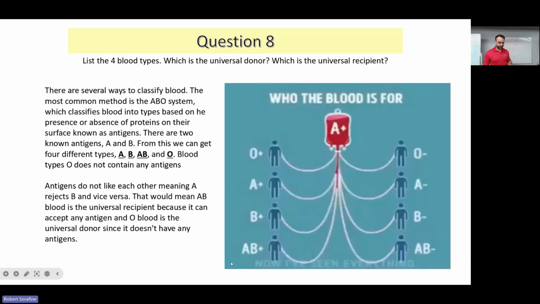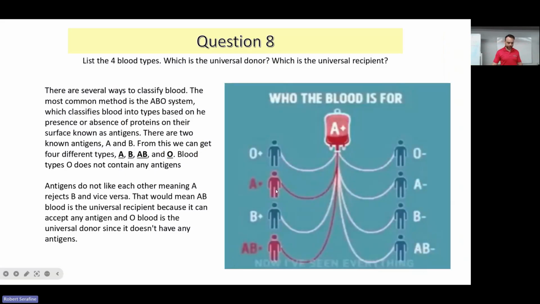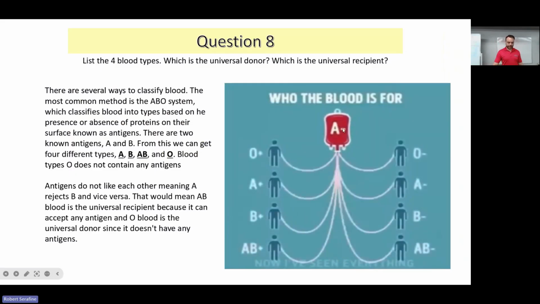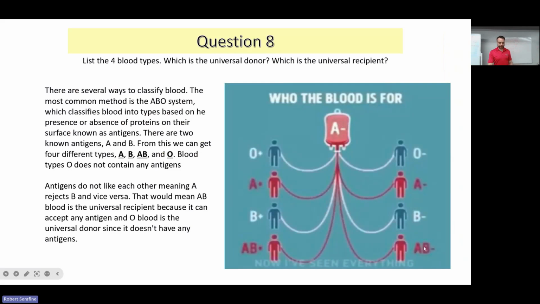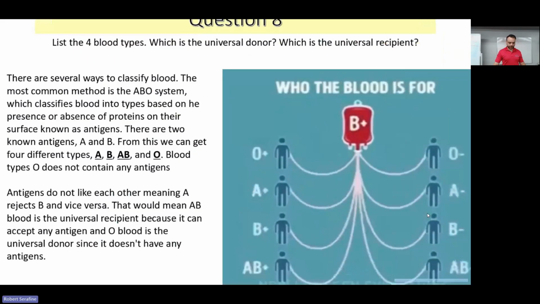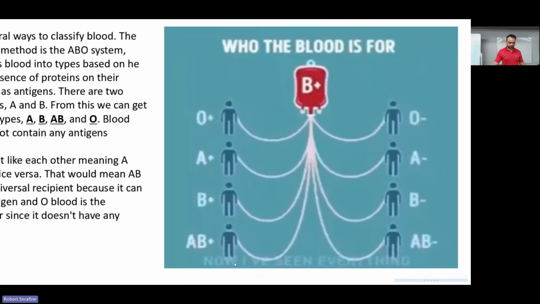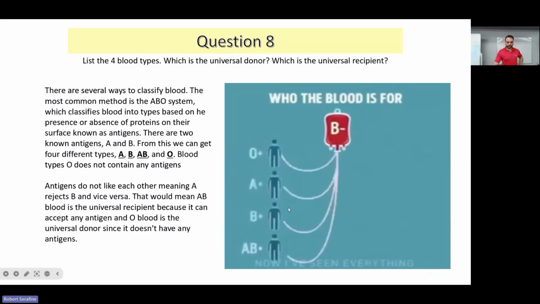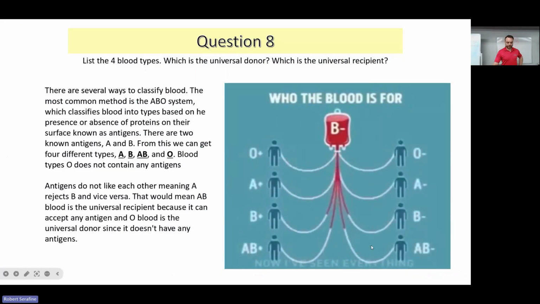And we do have a little video here in which we can play. And so as you see, A positive blood can only go to type A positive and AB positive. A negative, as you'll see, will go to both sides here, both having A's in the name. And then we have B positive, which, same. Oh, it's not going to play the video when I zoom in. Oh, guess not. And then B positive, again, going to the B's, but only on the positive side. B negative, going to the B's on both sides.